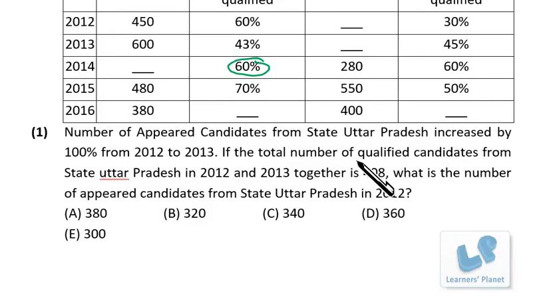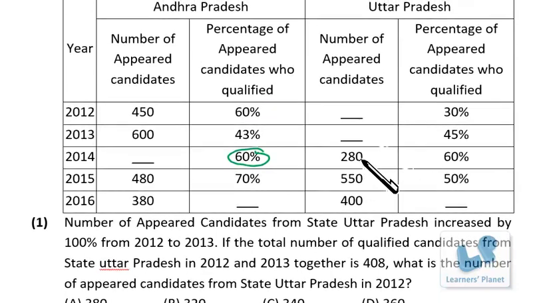Appeared candidates from Uttar Pradesh increased by 100% from 2012 to 2013. If it is 100%, that means if it is x, then it will be 2x.